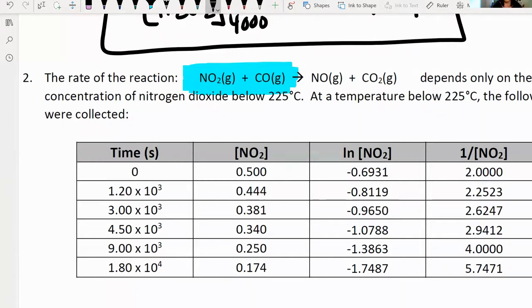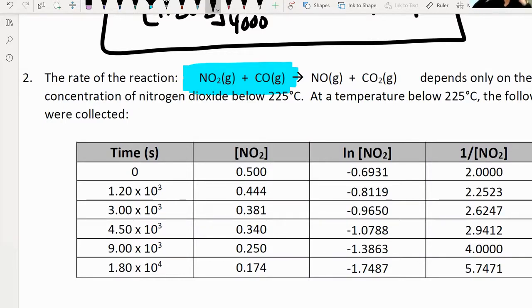And so essentially we're holding the concentration of carbon monoxide constant throughout the experiment. Because it's so high in concentration, I know we're using a little bit of it, but that little bit is such a small percentage of the really big amount that its concentration is basically remaining constant at that high level.